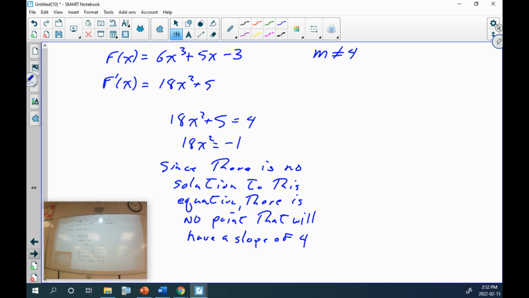So here's the next question. What is the shallowest slope that this equation could have?